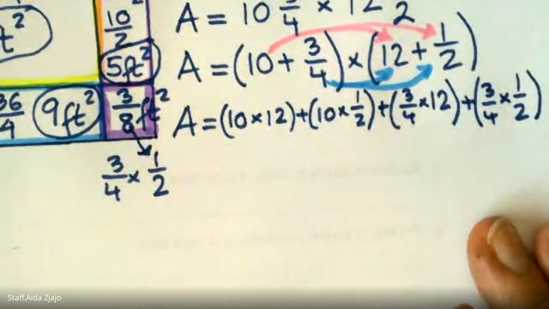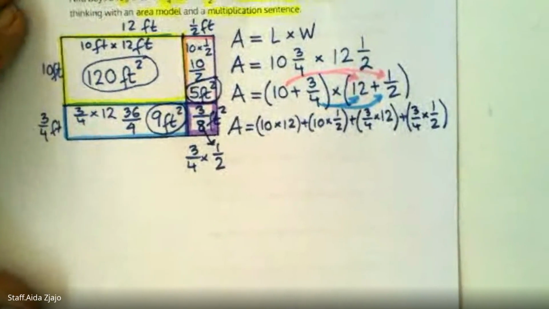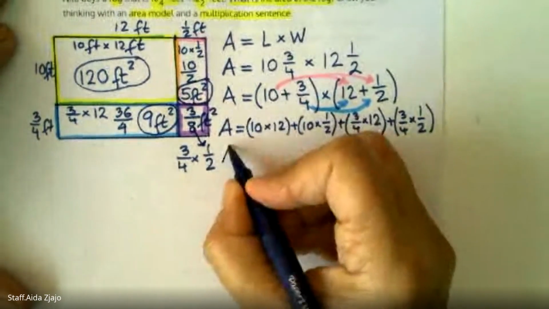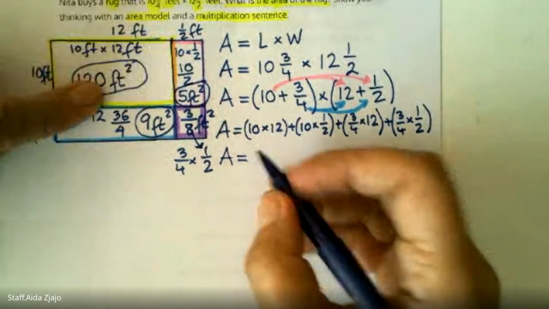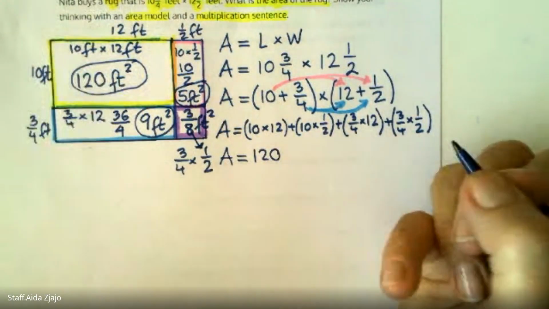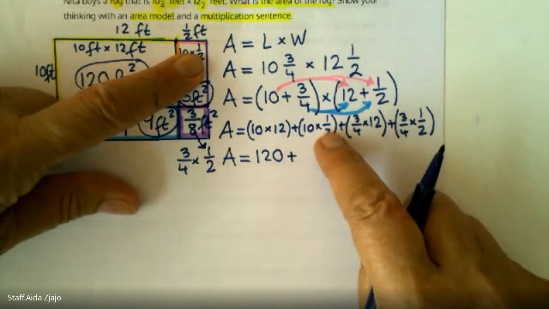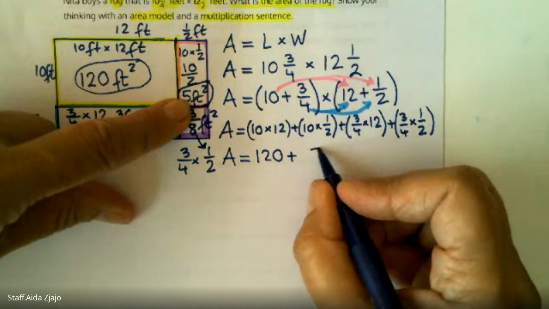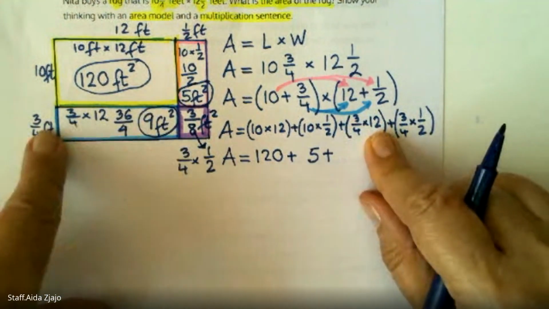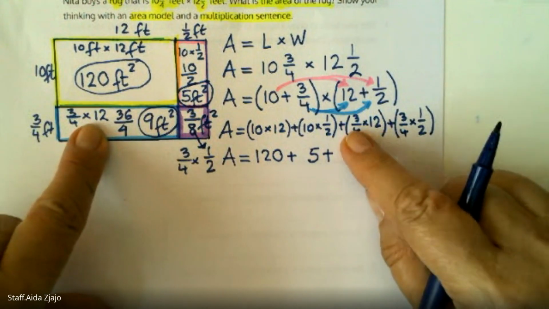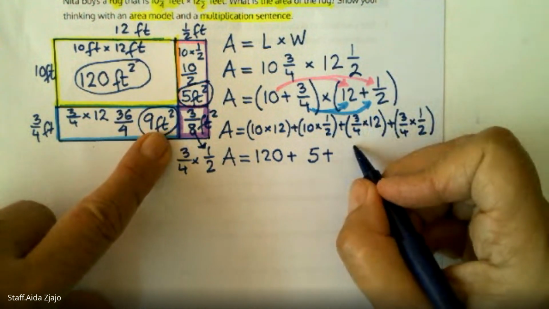Now you're going to see how this is all connected to the area model. So area equals 10 times 12, which is 120. Plus 10 times half; what is half of 10? It is 5. 3/4 times 12, or what is 3/4 of 12? 3/4 of 12 is 9.